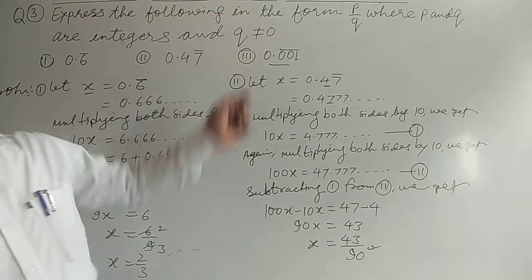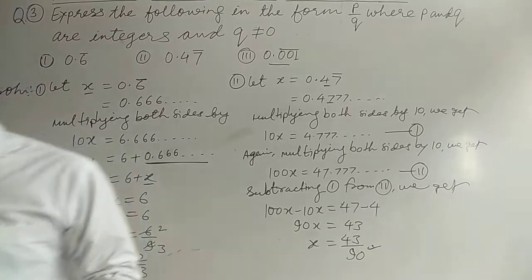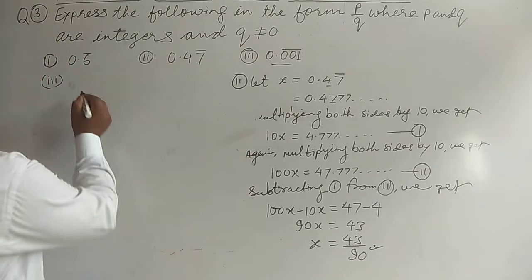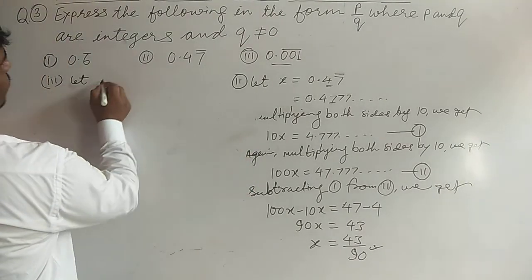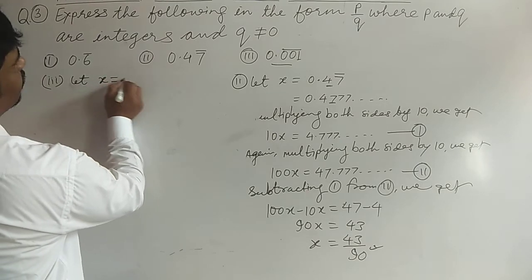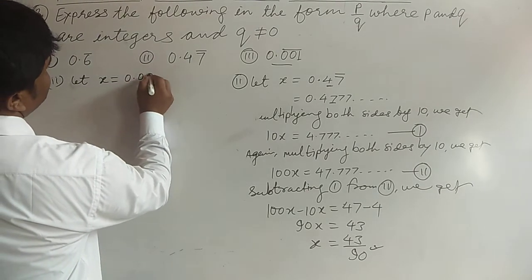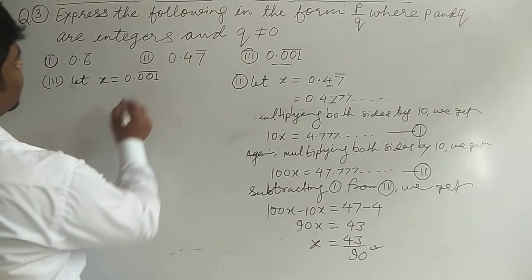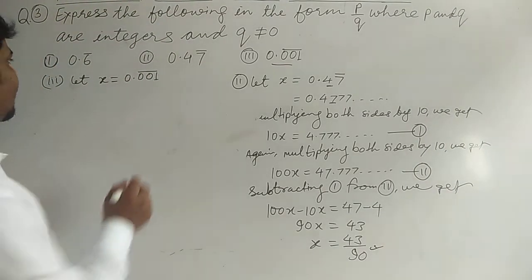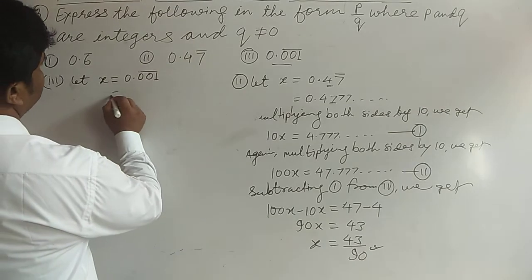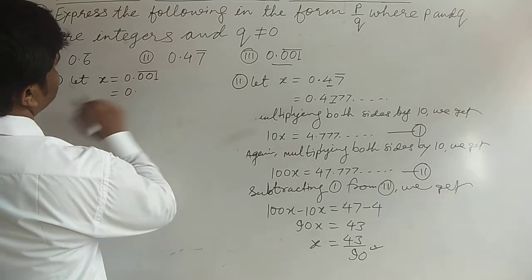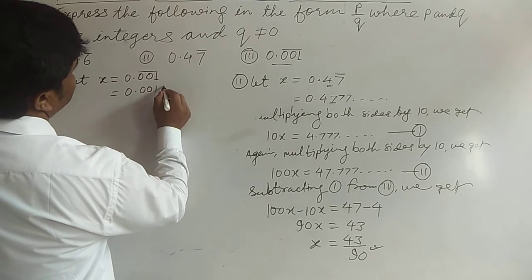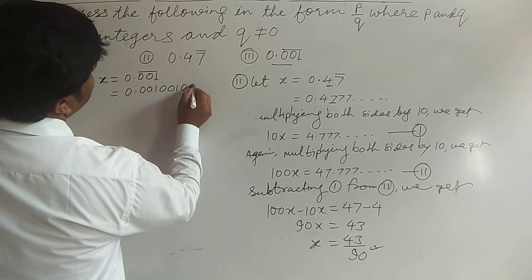Now the last question, question number 3. Let x equal to 0.001 with 001 under the bar, means 001 is repeating. So we can write this as 0.001 001 001.